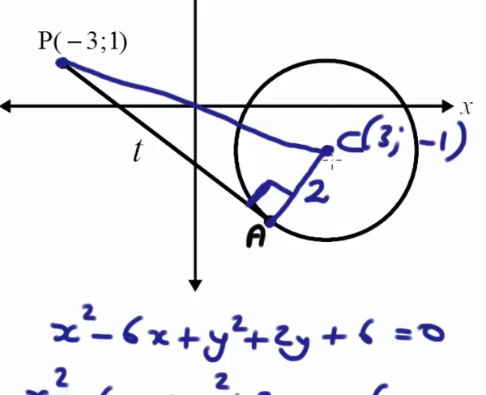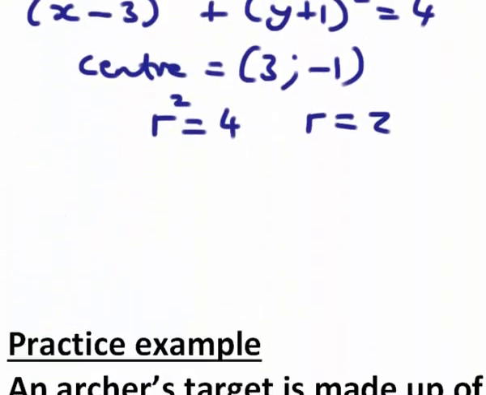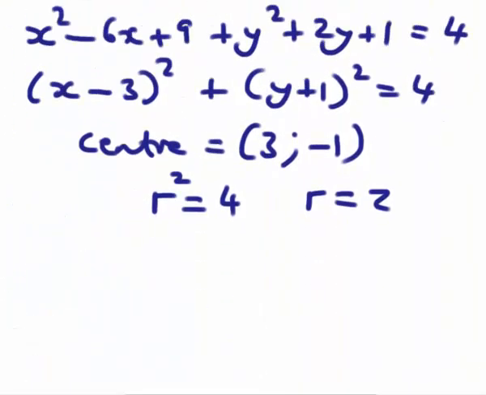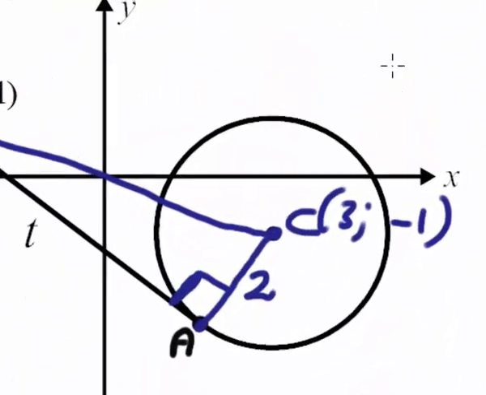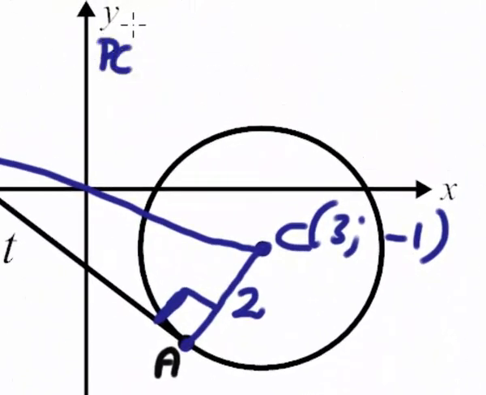Now all we need to do, we've got that radius. If we can get the length of PC using the distance formula, we would have that length, and then the rest is very simple. So let's have a look. If we work out using the distance formula PC squared, let's look at that carefully. I'm going to do it over here and then we'll write it at the bottom.